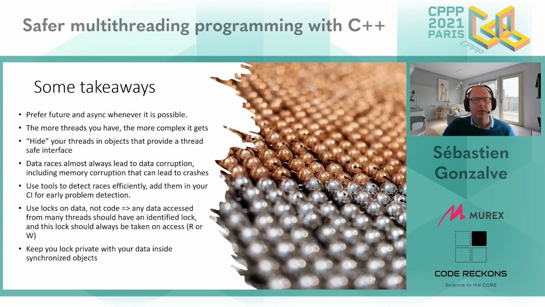Hiding them behind your interfaces allows you to change the implementation, maybe add more threads or remove them, without impacting your client. Keep in mind that data races are important, so you should fix them. It's not just a problem of consistency; it's undefined behavior.